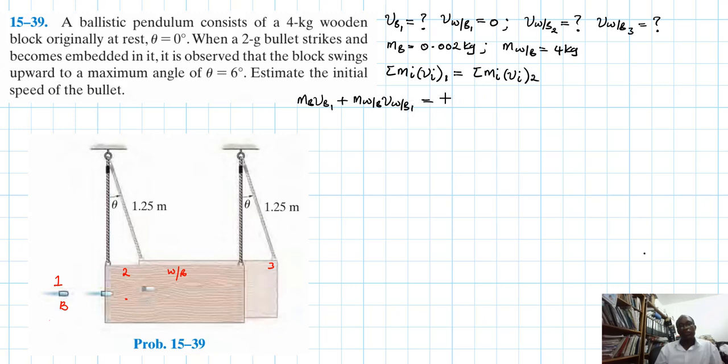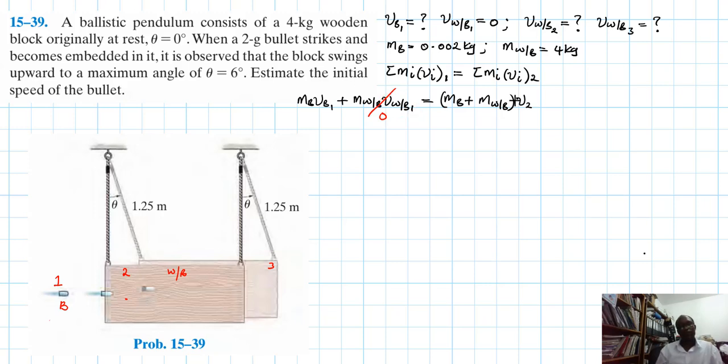This is equal to MB plus MWB times V2. Right. So what are we supposed to do here? Of course, know that this part here is 0 because this is 0.